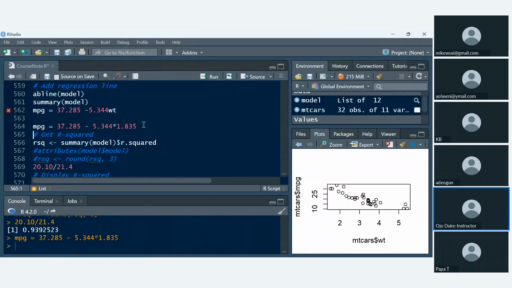If we do that, every other thing remains the same. Let's see what our MPG is now predicted. Oops, this one is a little bit far, but let's see. 27.478 divided by 33.9.